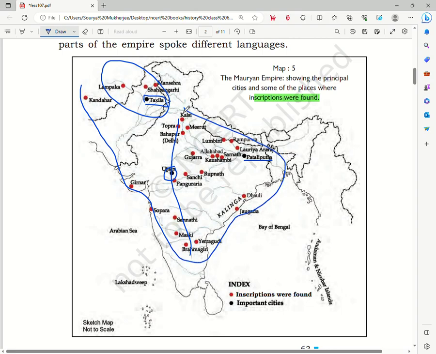You can see that this area is quite large, and this is perhaps the largest empire that ever existed in Indian history. All these inscriptions are from different areas: some in the northwest, some in South India, some in the west. So this also marks the extent of the Mauryan Empire.